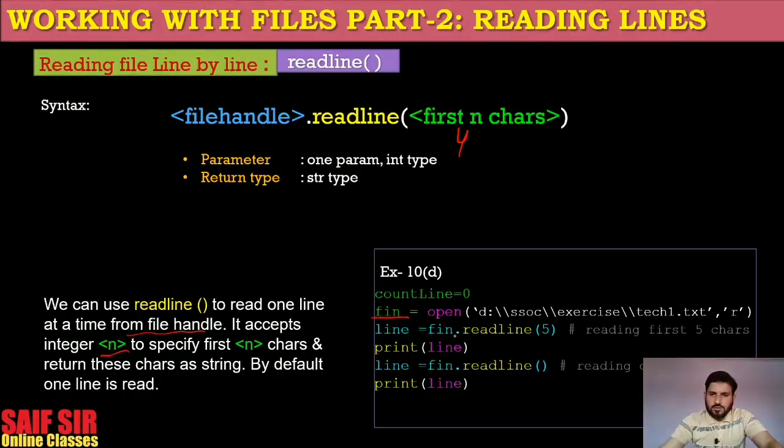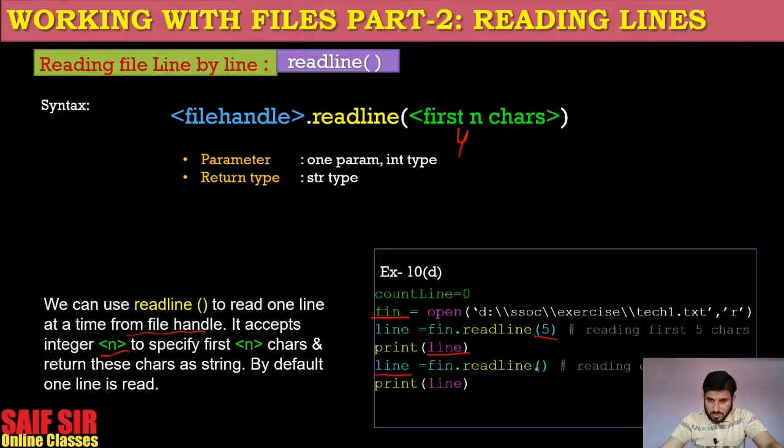Okay, and then notice this. In F5, readline 5, what happened? Reading the first 5 characters and printing those 5 characters. So similarly, line pin.readline, what is happening? The sixth character: it means index number 5 onward till \n will be transferred to line.